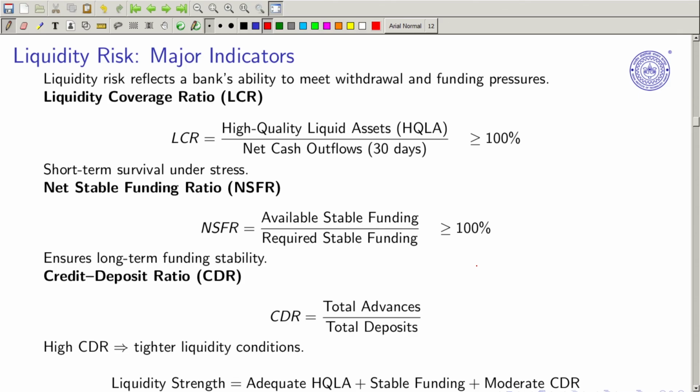Then here the net stable funding ratio, which has come under Basel III mostly. So how much available stable funding and required stable funding you have. It means that if you have deposits of 100 crore and you think that on a daily basis there is a request for 5 crore rupees from the different depositors, and also that you have money to lend, because it may happen that some of the borrowers, who are good borrowers, may be paying early but they need cash immediately.